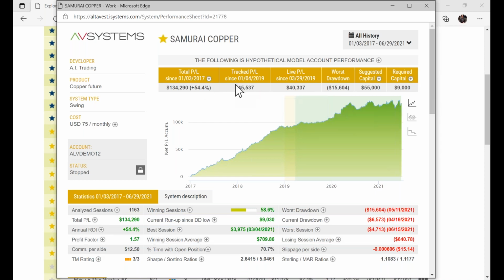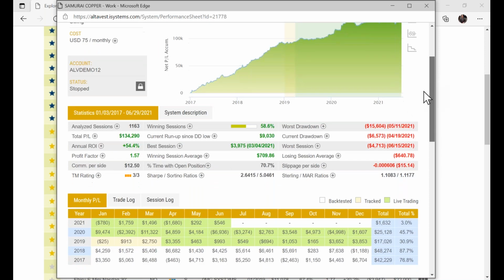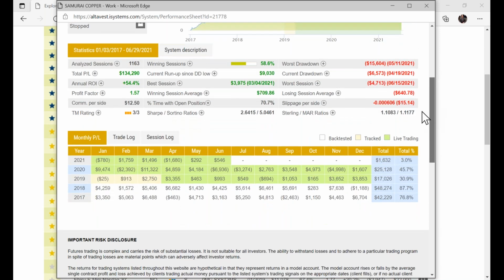And you'll see the track record here and all the data, and it has a suggested capital of 55,000. So all of that data here and performance is based off of that suggested capital number of 55,000. That's what we go by, in this case, the suggested capital. And you can see here, let me point out some of the data.